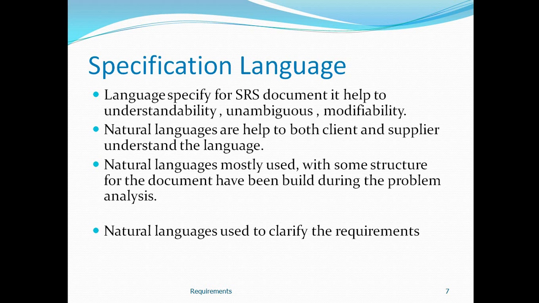The last one, natural language is used to clarify the requirements. Some doubts may arise for the user. The user can ask about those elements and requirements, right? So the doubts may be clarified in the same language, and the user can interact with the system easily.